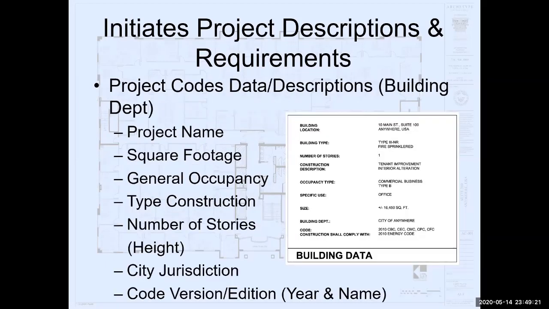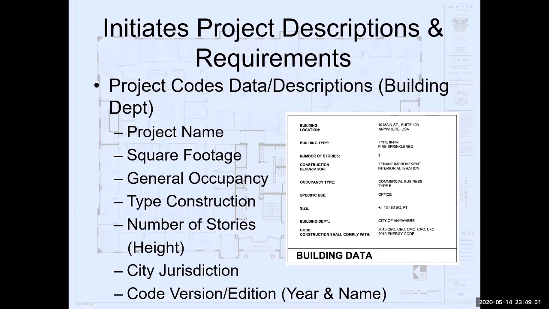Other information that is really important to the building department is this project data information. So they want to know the name, the location, the square footage, the occupancy by code, the construction type by code, how big it is in terms of floors, and what jurisdiction in terms of city it sits in.